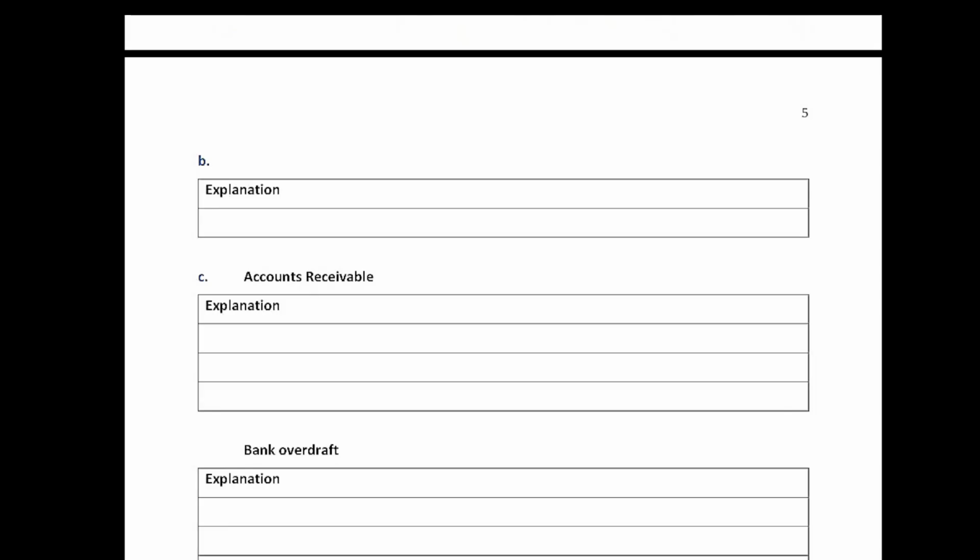And after that date, it is likely that the balance sheet items will change and a new balance sheet can be prepared.